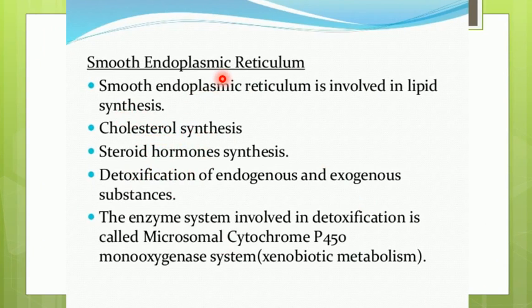Then steroid hormone synthesis also takes place. Detoxification of some endogenous or exogenous substances also takes place in the smooth ER. And there are certain enzymes responsible for detoxification, like microsomal cytochrome P450 monooxygenase. They are synthesized in the smooth ER for the detoxification activity.